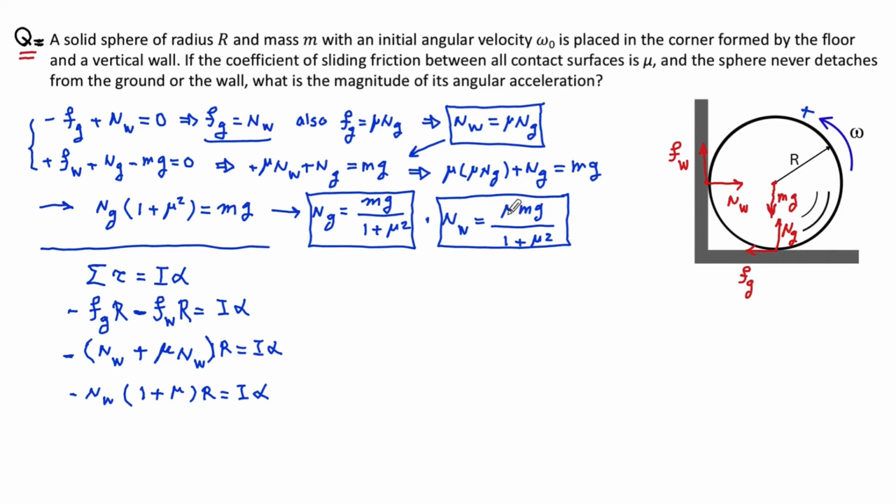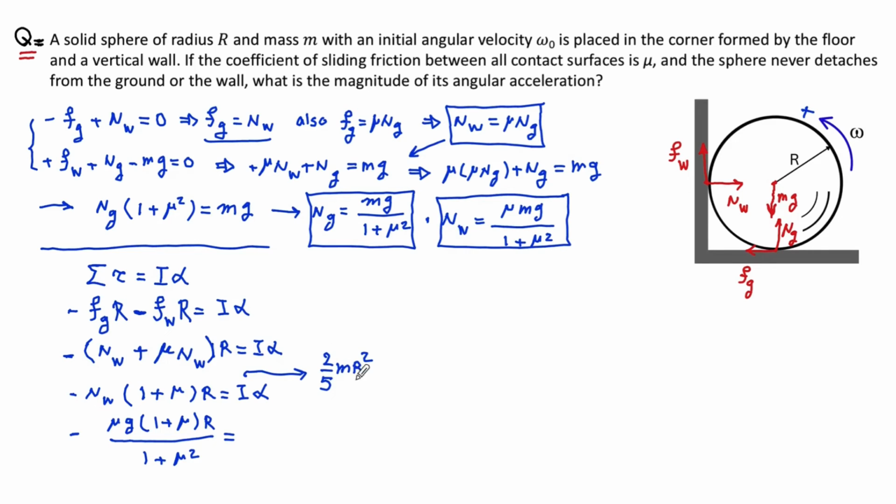And Nw is given by mu mg, so minus mu mg times 1 plus mu r over 1 plus mu squared equals, for I, which is the moment of inertia, we have 2 over 5 mr squared about the axis that passes through the center of this sphere, right?